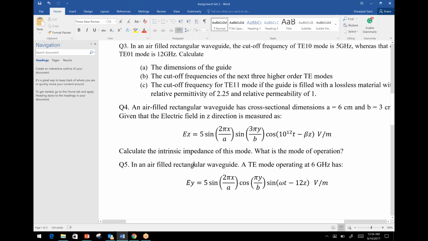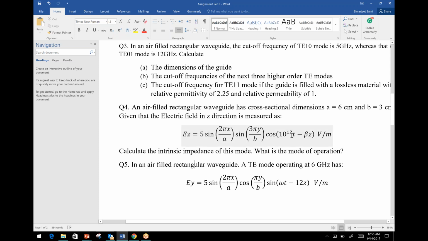So now you have omega, you have 2 and 3 as your mode order, and you have a and b as your waveguide dimensions, and it's air filled, so it's mu naught and epsilon naught. So you have nearly every piece of information you need.